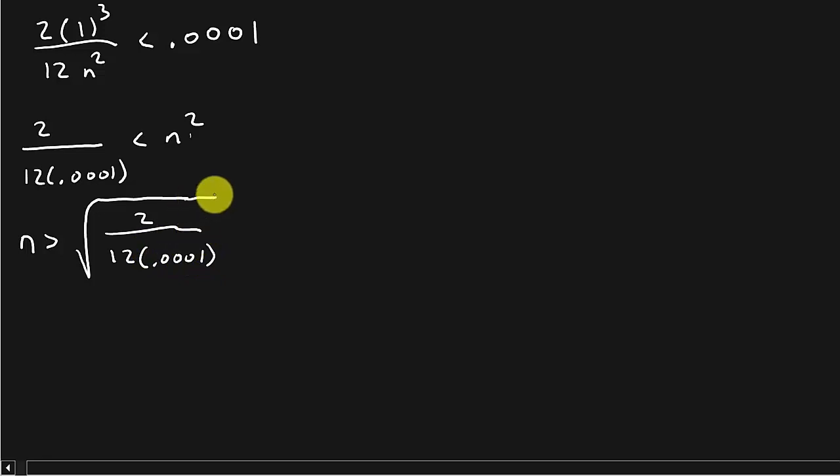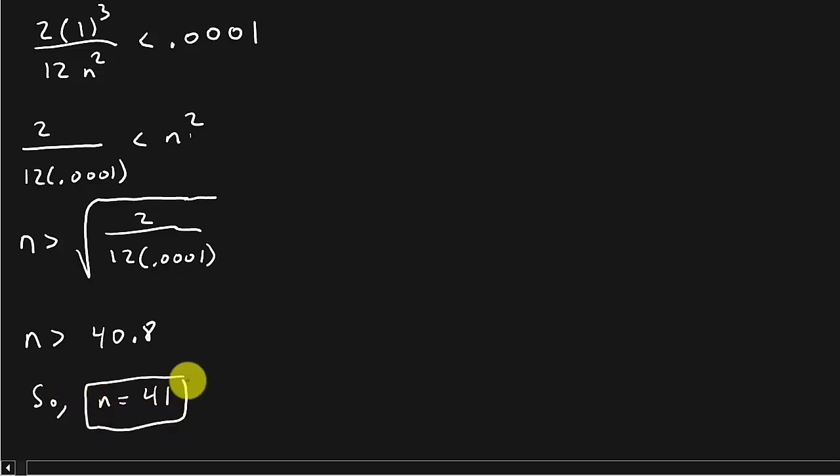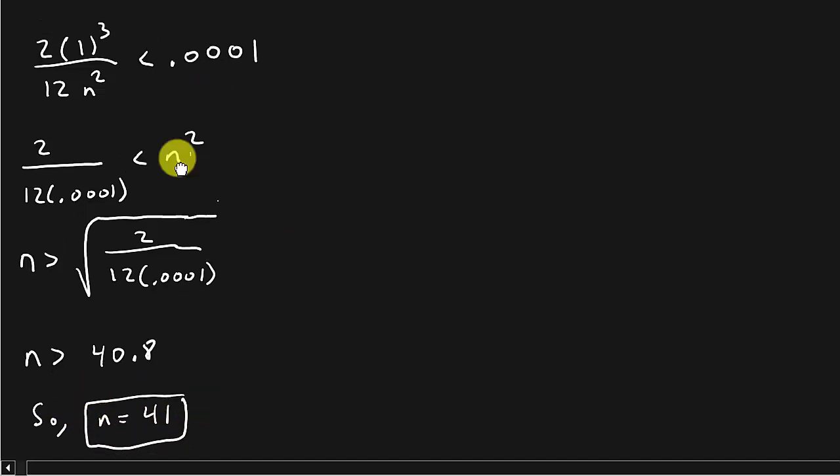And so n is greater than, that ends up being 40.8. And so we get n is equal to 41. That's what n would need to be in order for us to be accurate to 0.0001.